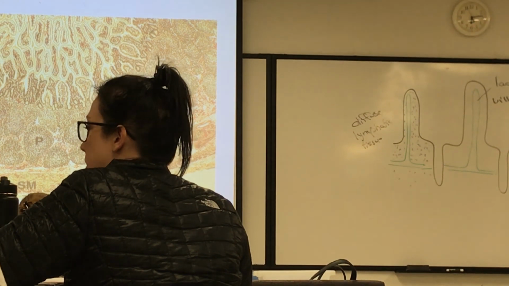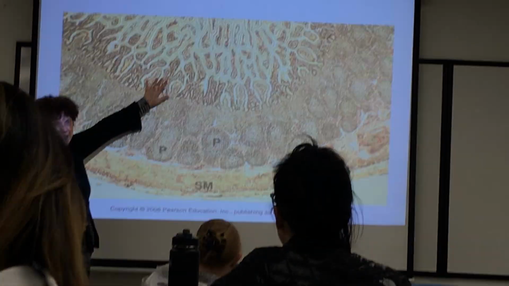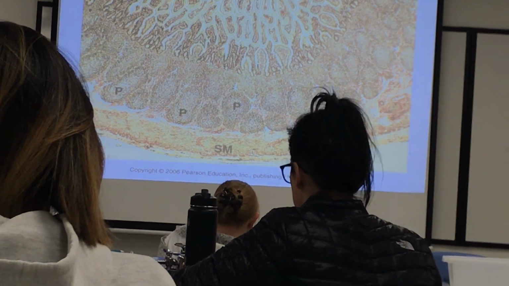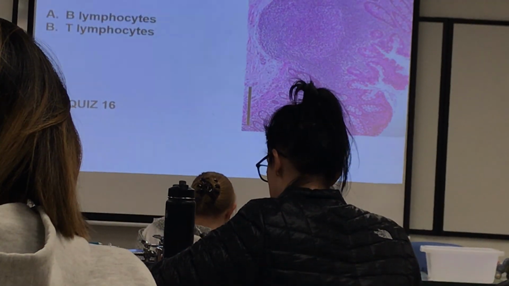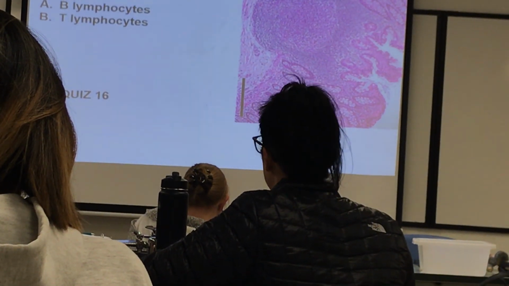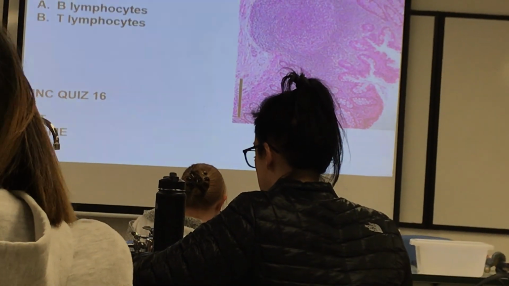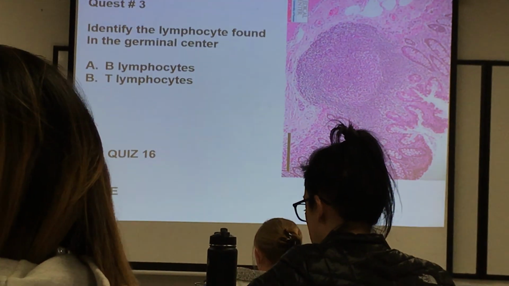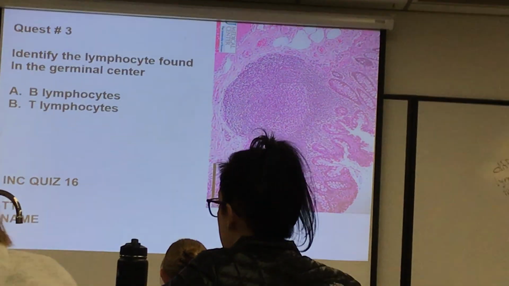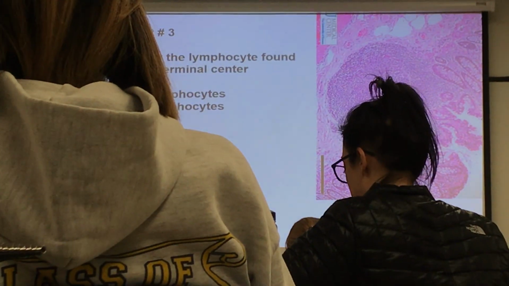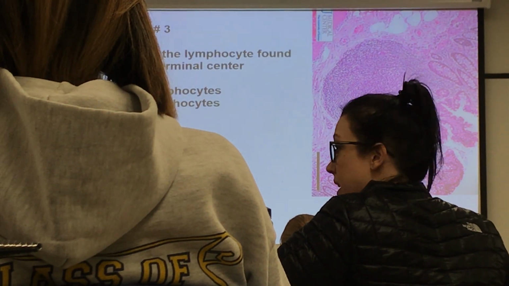And we're still seeing diffuse lymphatic tissue up here in the villi. Okay, so we're still in the small intestine. All right, so question number 3. So this is similar to what I showed you in the model of the small intestine where we have just one, although this is actually from the colon. So identify the type of lymphocyte found in the germinal center.